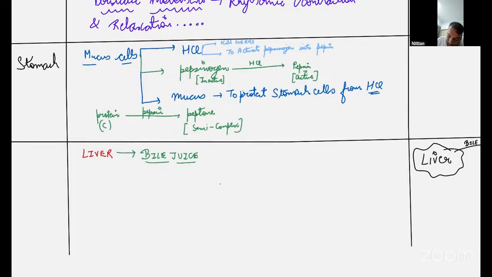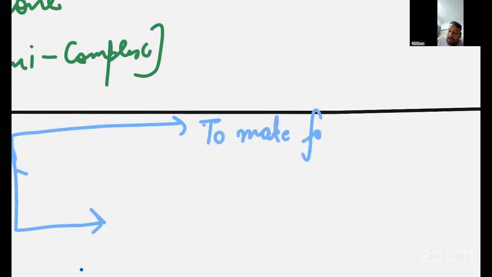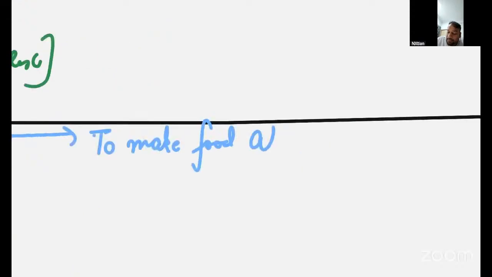How many works? Two. The first is to make the food alkalinic. Yeah, we can say alkaline, which means basic.